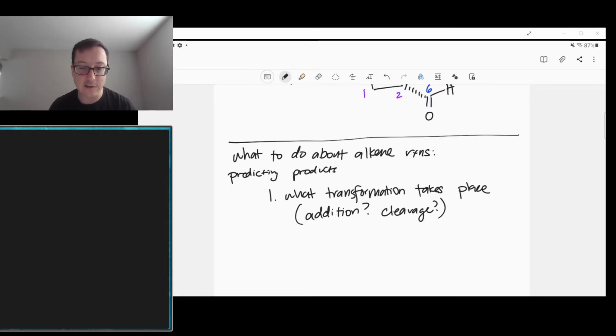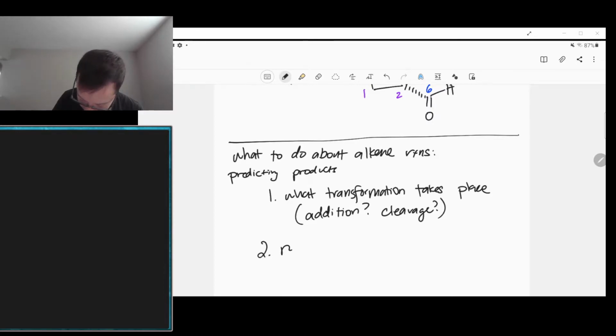For example, if you're given Br2 in water, the transformation associated with that is that you're adding a hydroxy group and a halogen. You're making a halohydrin with that set of reagents. So the first thing you want to analyze is, with a set of reagents, what are you even doing? What are you adding to your molecule?